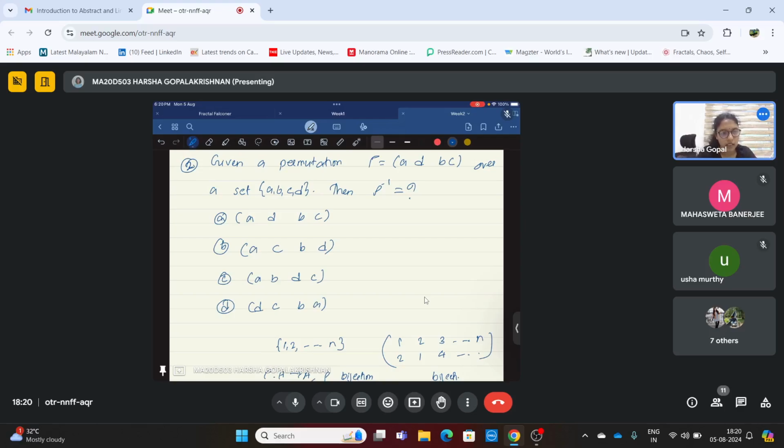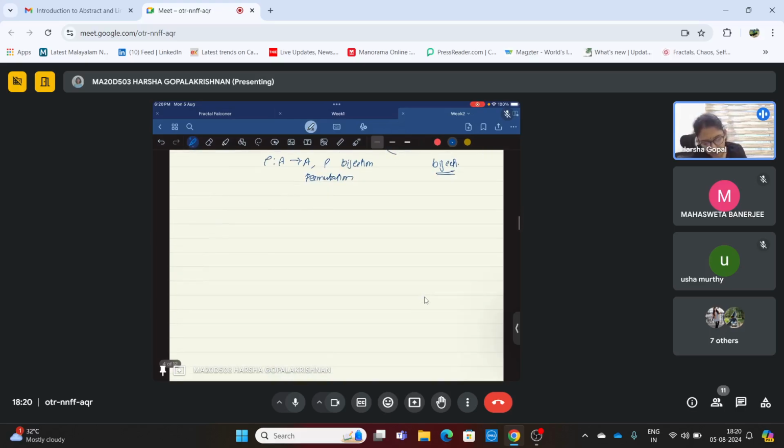Inverse means rho star rho inverse. Here what is the star? The star operation is composition, because bijection is a function. Rho is a function, rho inverse is a function. So the group operation star is a composition operator. It should be equal to rho inverse star rho, which is equal to identity.